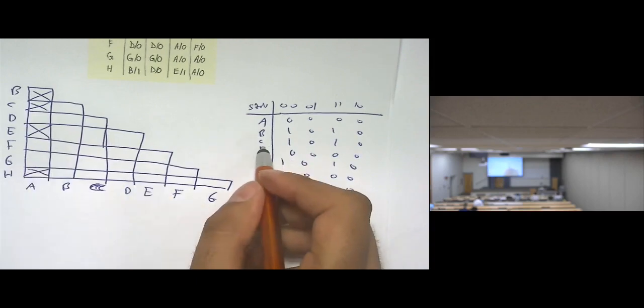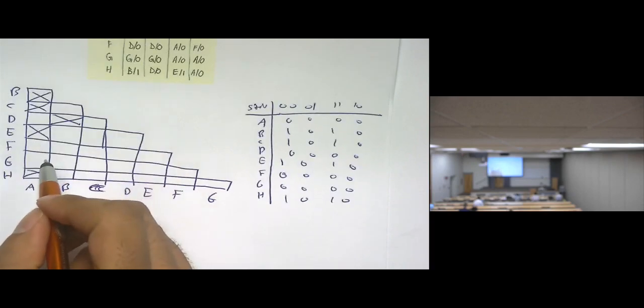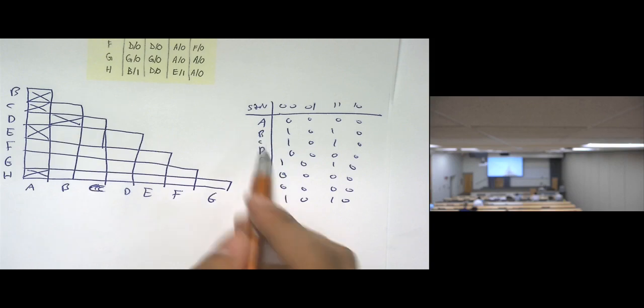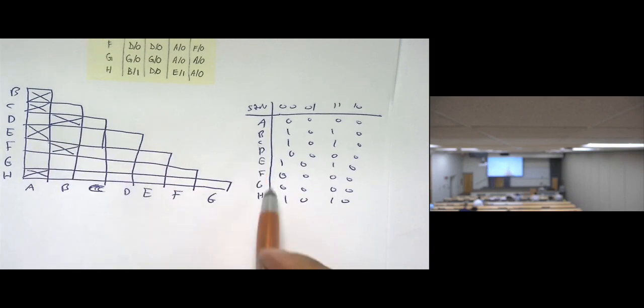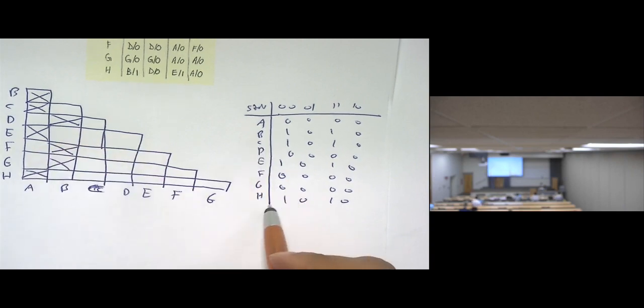B and C, keep it. B and D, cross it. B and E, keep it. B and F, cross it. B and G, cross it. B and H, keep it.